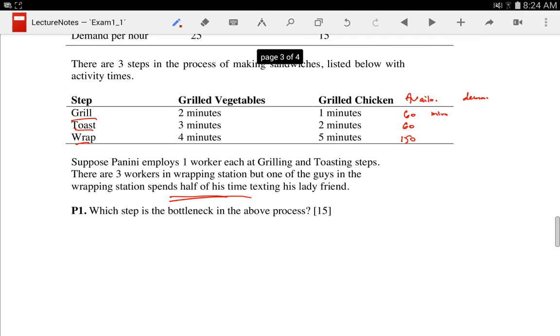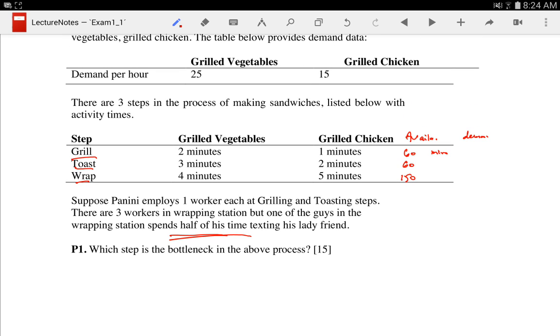For grilling, there are 25 vegetables, so 25 times 2 plus 15 times 1, which comes out to be 65.